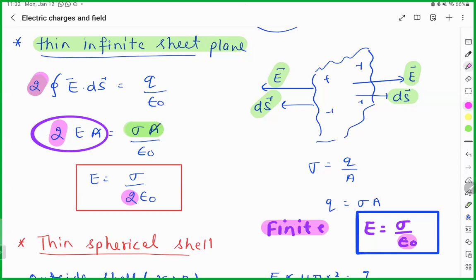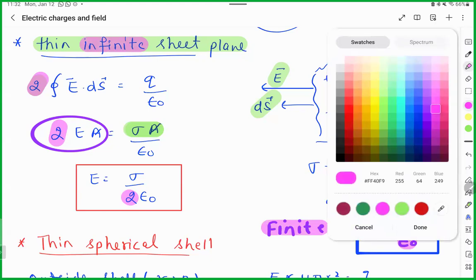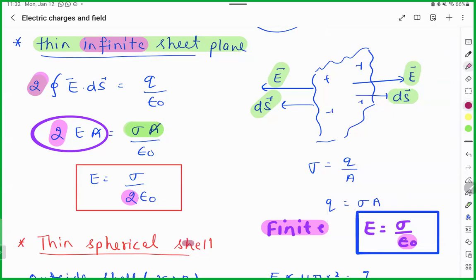For infinite, both the sides. Extremely important, the difference between infinite sheet and finite sheet. I will change this color.